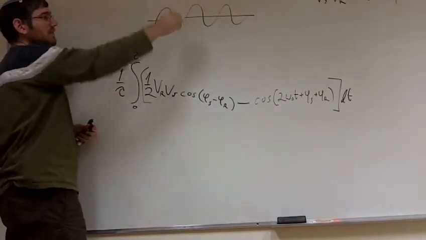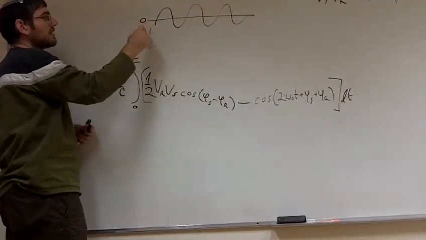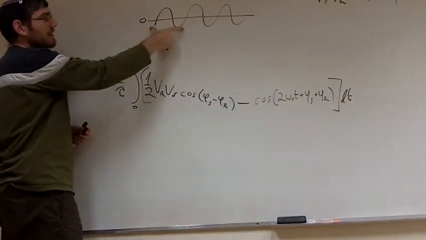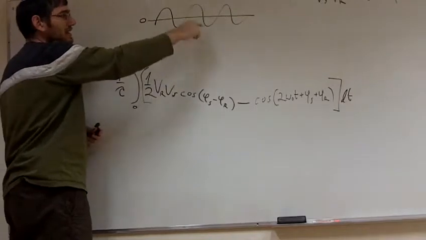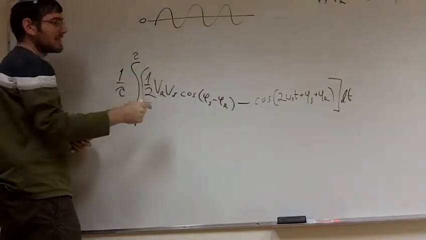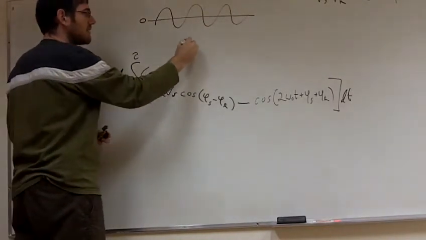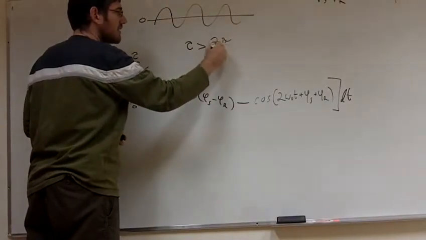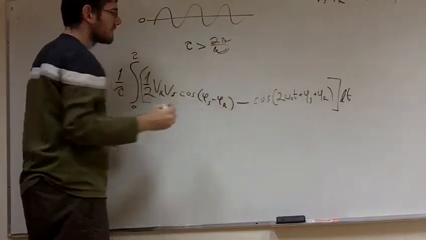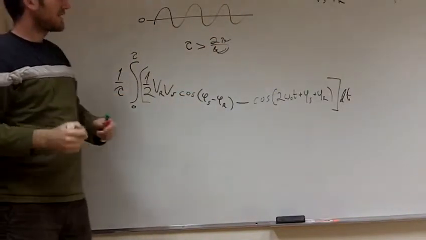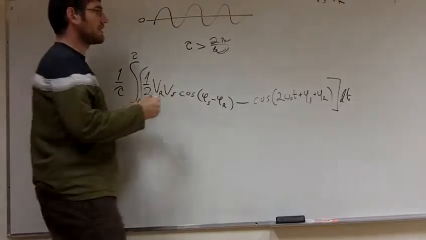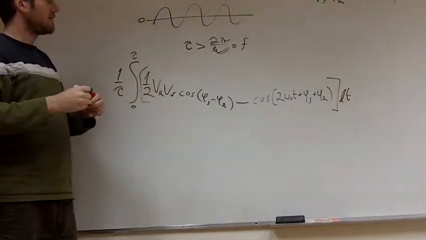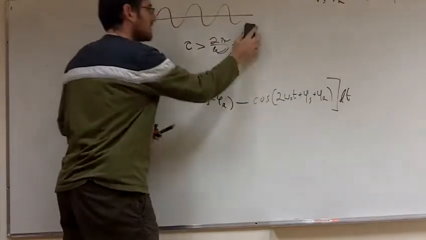So if we integrate over a longer period than the cycle, we will get 0. That means that tau, the integration time, has to be bigger than 1 over the frequency. Sorry, not the frequency itself.